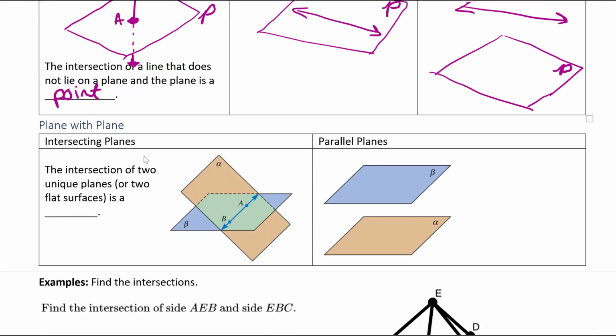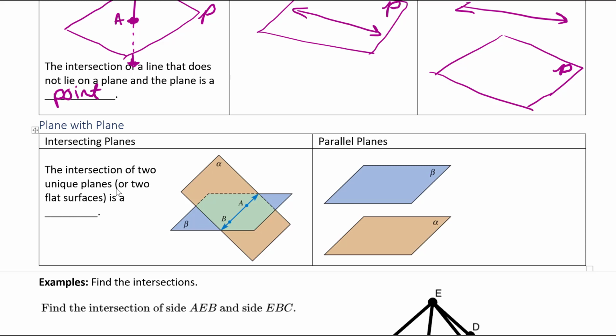Next, we're going to talk about planes with planes. So these are really much harder to draw, so I gave the drawing to you. The intersection of two unique planes is going to be a line. Notice that you have in my picture, kind of the brown or the tan plane, plane alpha, that's what that means.